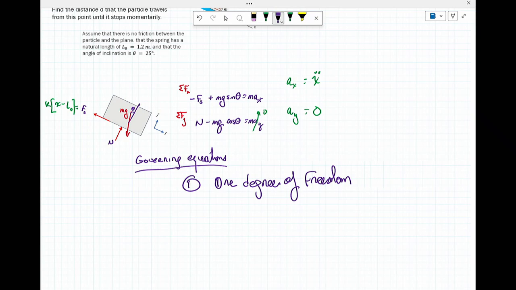This has 1 degree of freedom, and I can call that DOF.